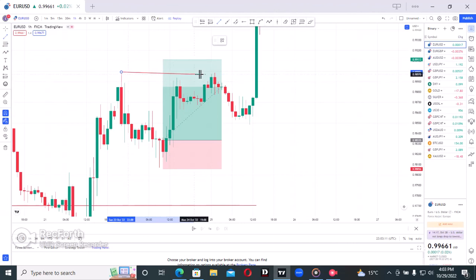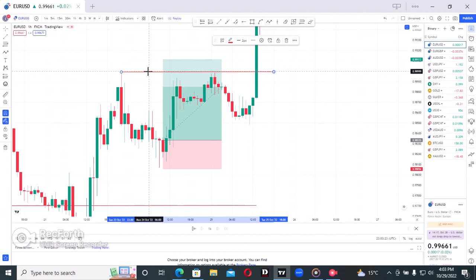But if you don't know how to apply this risk and reward ratio, I think it's a good idea to use the previous turning point.